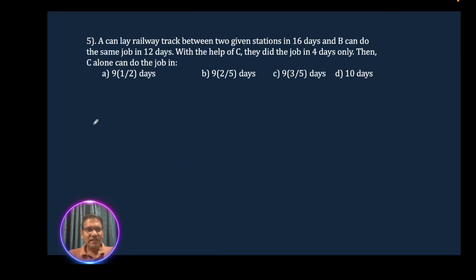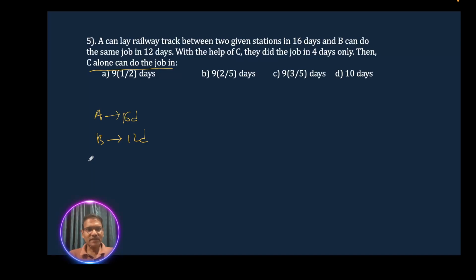Now the next question is, A can lay railway track between two given stations in 16 days, B can do the same job in 12 days. With the help of C, they did the job in 4 days, then C alone can do the job in. Now try to understand the given question. A can lay railway track between two given stations in 16 days, B can do the same job in 12 days.